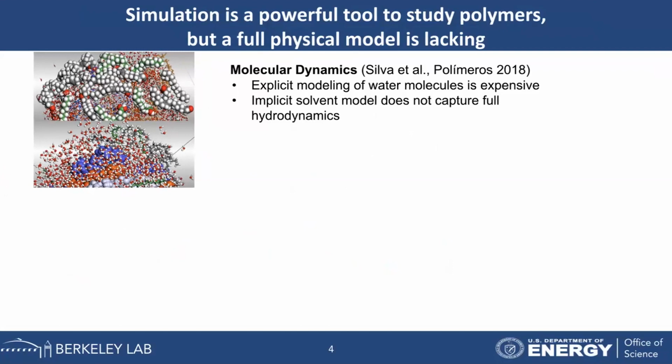So here is an image of an all-atom simulation of starch polymers in water. We can see that there are only about 10 chains of polymers in there, and the rest of the space is filled with those small water molecules.